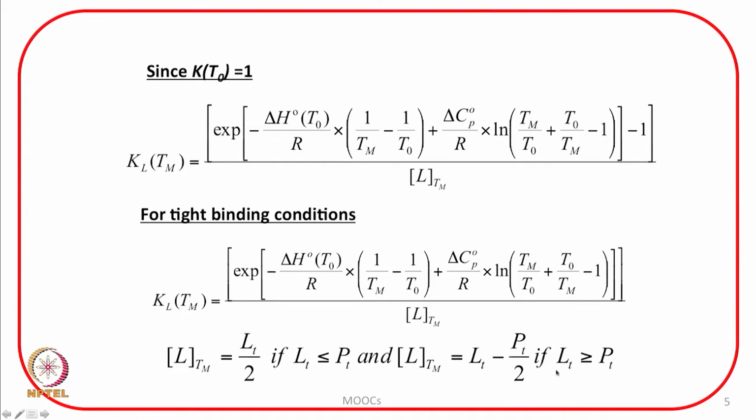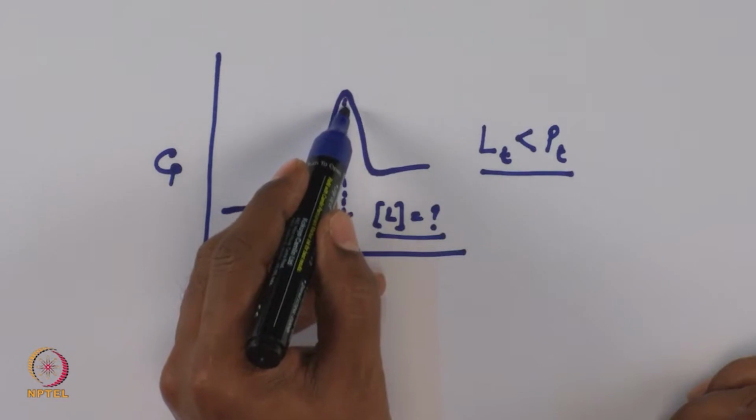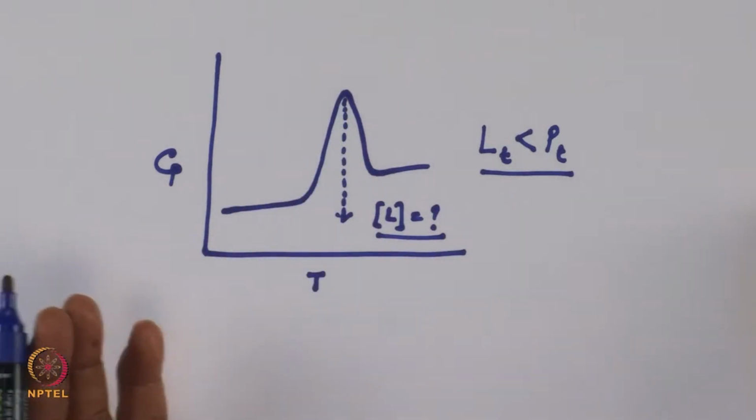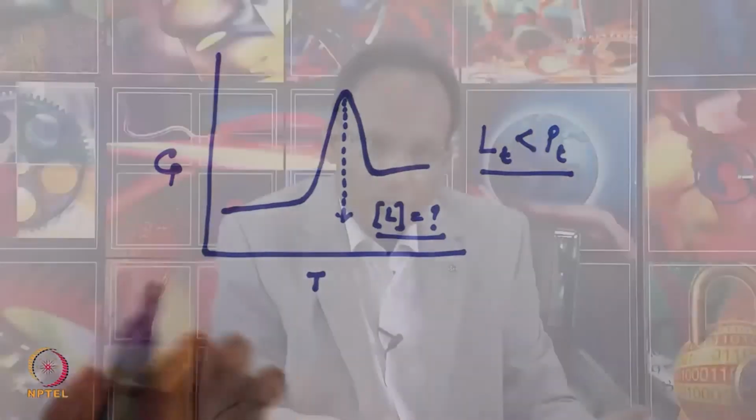Here the concentration of protein is much lower and it is fully complexed, and therefore, when you again allow the protein to unfold, at transition temperature K is going to be equal to 1, and therefore, the concentration of the ligated denatured form and the concentration of the ligated native form are going to be the same.